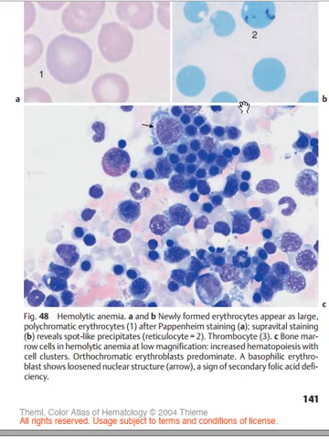Is it clear? So this is now a bone marrow spectrum. In the bone marrow in hemolytic anemia at low magnification, it is going to show increased hematopoiesis with cell clusters, and you can see orthochromatic erythroblasts predominate.